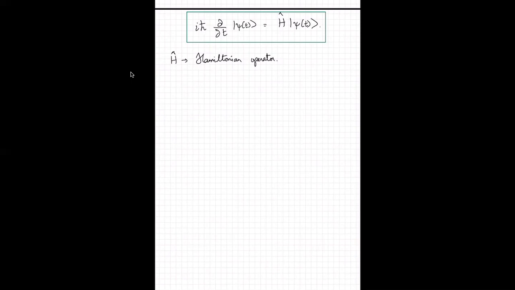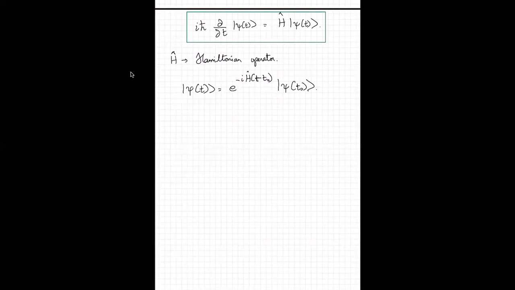But formally, I can integrate this equation and write down the solution. The solution is given by psi of t equals e to the minus i H times (t minus t0) acting on psi at t0.